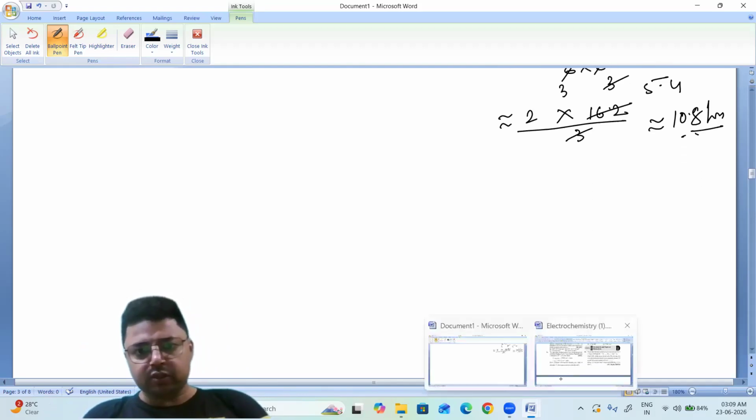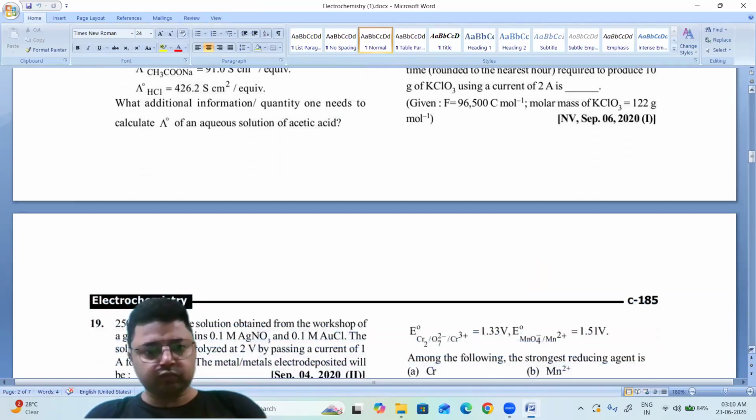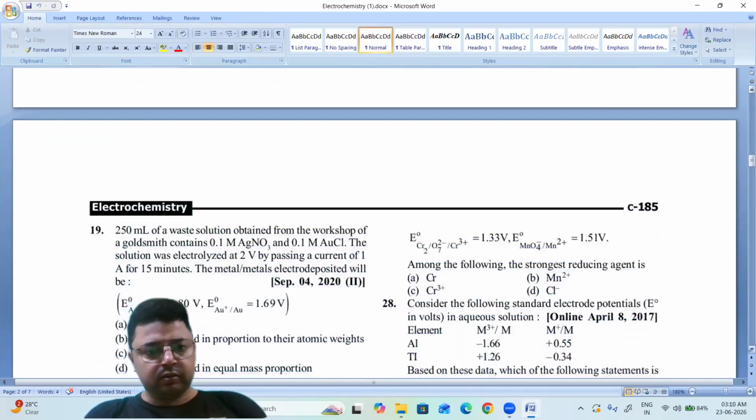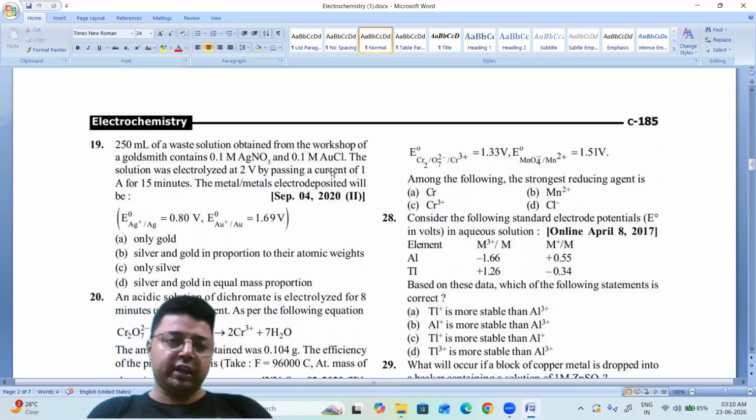We can do some other questions as well from here, like let us do question number 19. Here they have asked that 250 ml of waste solution obtained from the workshop of a Goldsmith contains 0.1 molar AgNO3 and 0.1 molar AuCl.